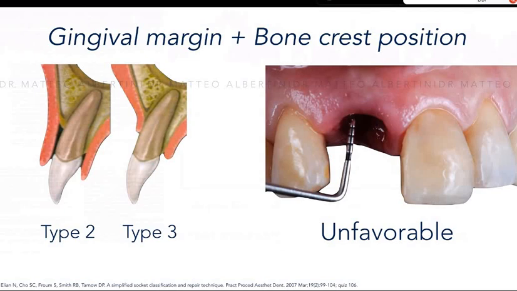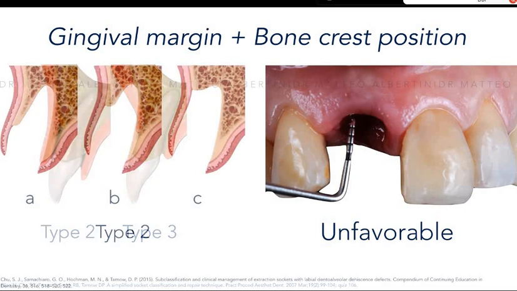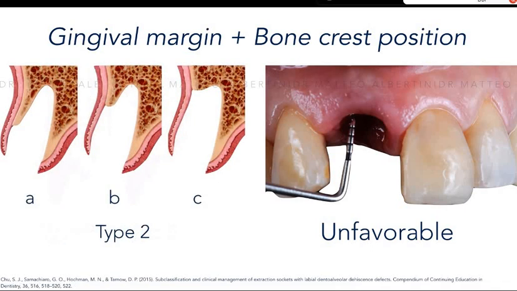But what if we are in the second scenario, the less favorable scenario? In the second scenario, we can have a bone dehiscence, and we can also have a bone dehiscence and gingival recession. We have to distinguish a little bit from the type 2, where we have a bone dehiscence.